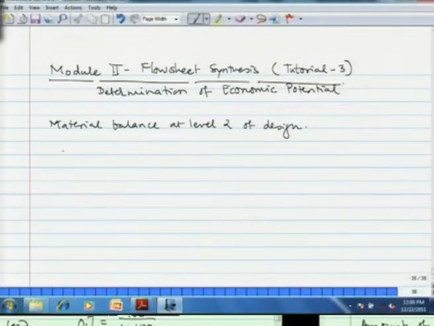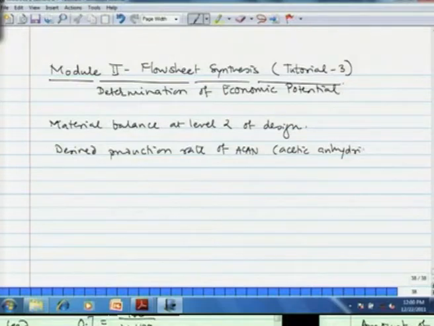We have been given the desired production rate of acetic anhydride that we denote by ACAN, as 16.58 mole per hour.